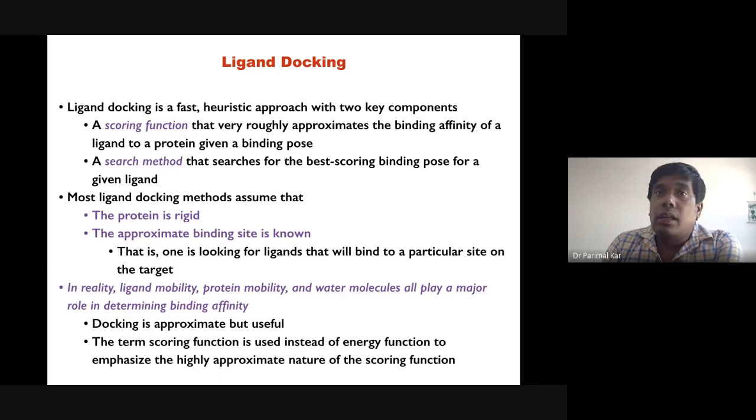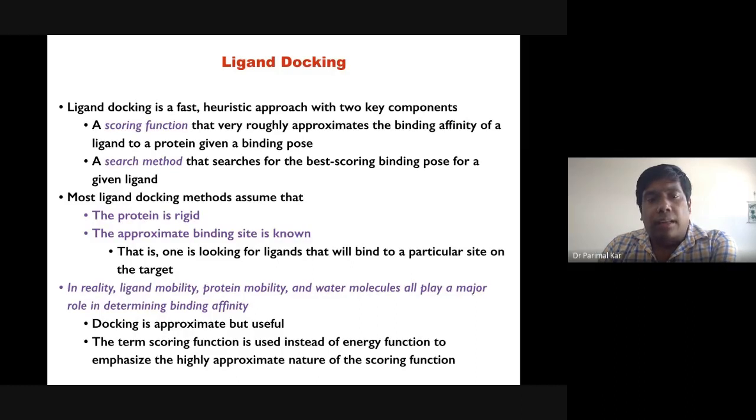Then only your prediction will be good enough, and experimentally you can validate it. But we don't do that. We make approximations. We say the protein is rigid because that makes our life much easier. Despite all these approximations, docking is still useful.